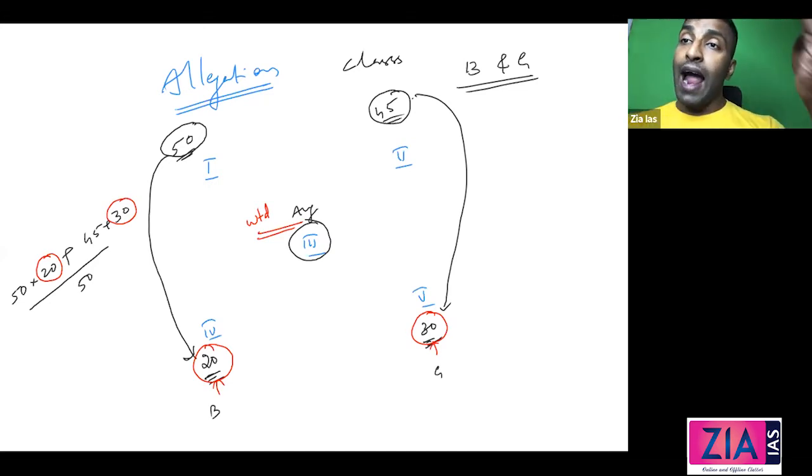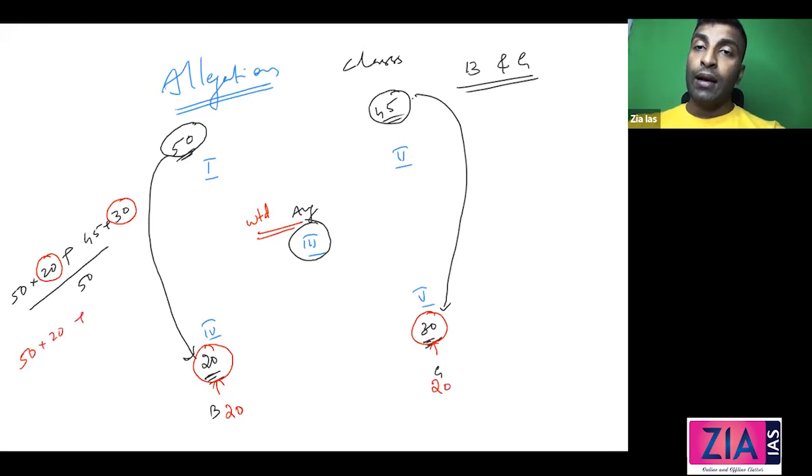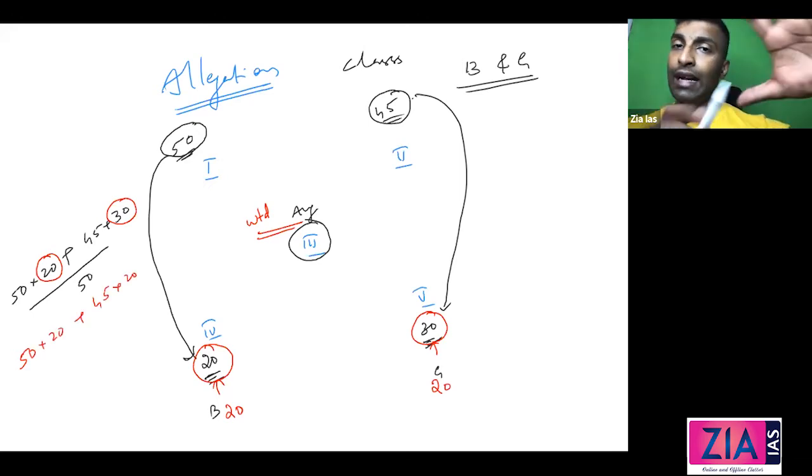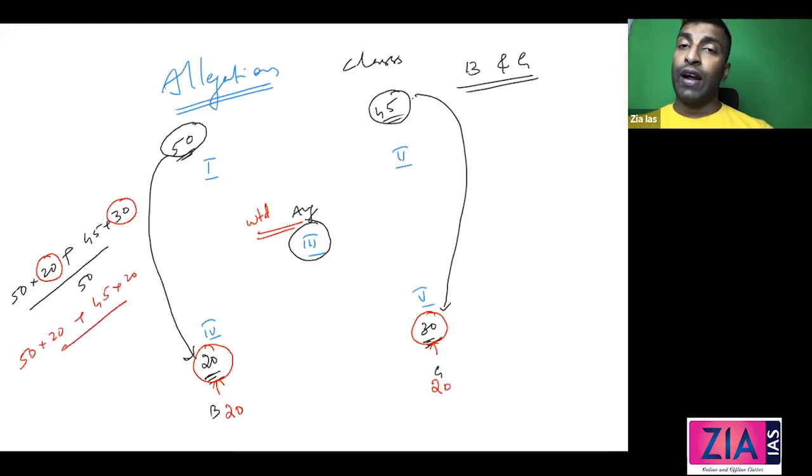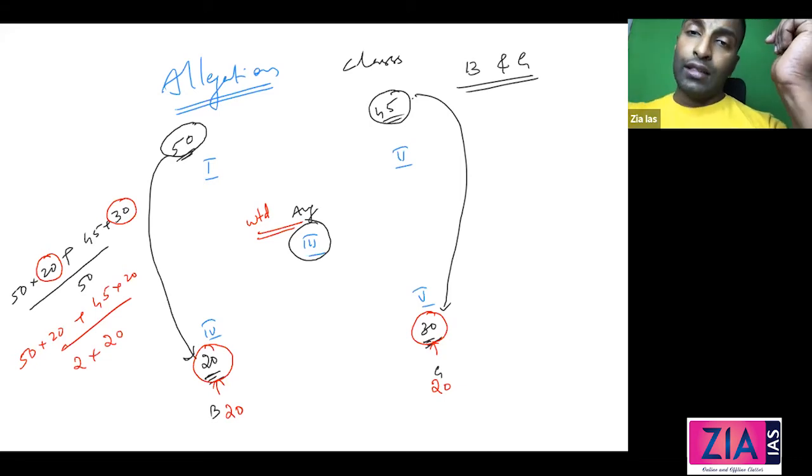But had there been the same number, suppose 20 boys and 20 girls, then what we will do? 50 into 20 plus 45 into 20. So I get the boys weight and girls weight divided by 20 plus 20, that is 40, right? That is nothing but 2 into 20. Now here, you can think 20 is common.